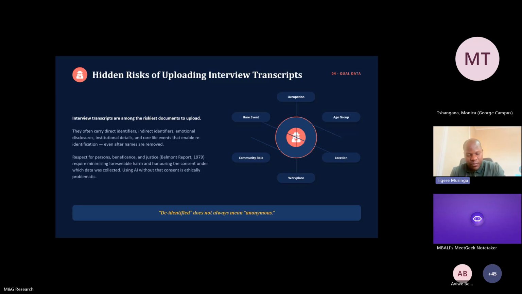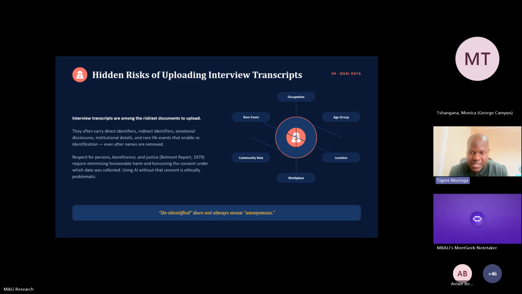If you remove somebody's names on the interview transcripts, it does not mean the person has been anonymized, because indirect identifiers like context, occupation, age, role, migration status, workplace, and political experience or real life events can still allow us to trace back who the actual participants were for this data.